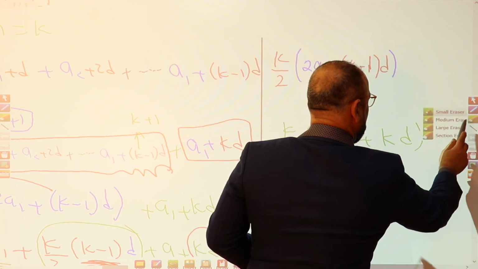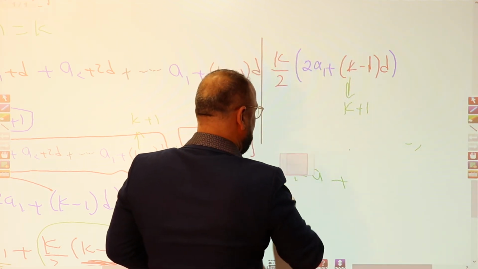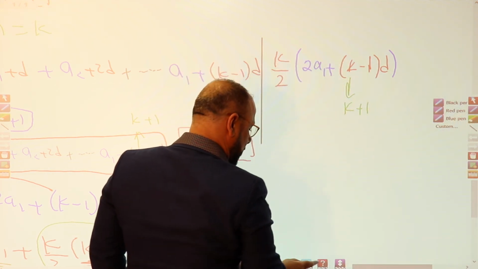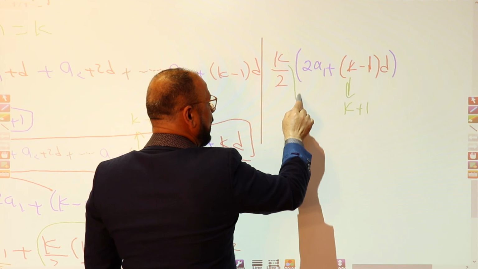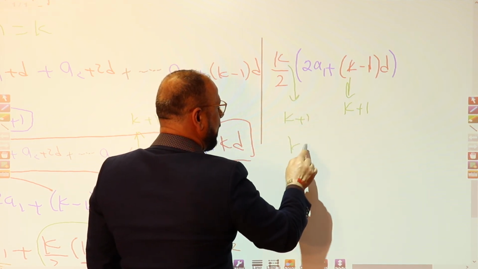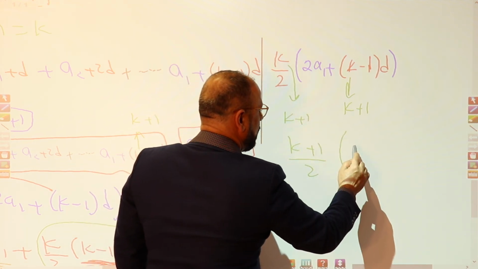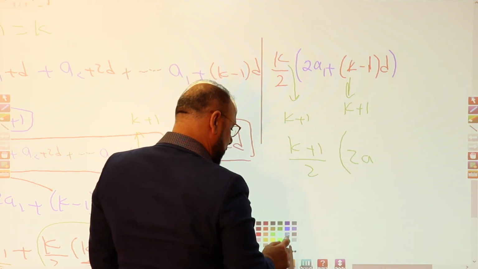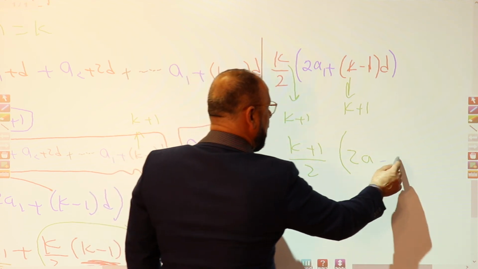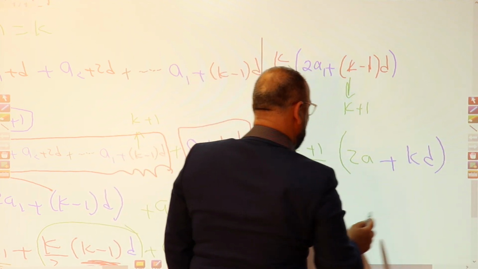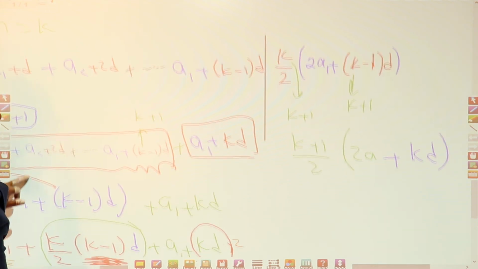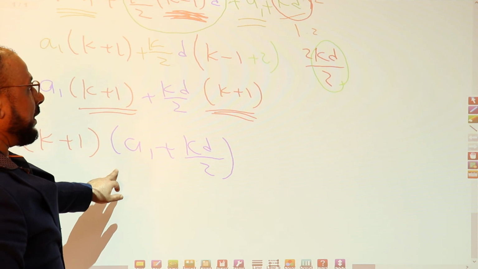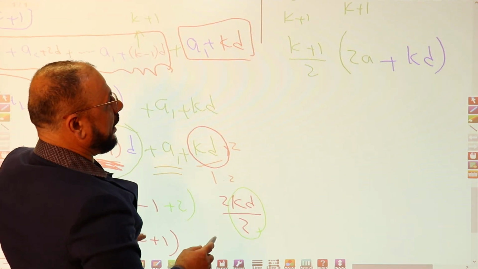Let me just erase all this. k plus 1 and the other k plus 1, and this k also to k plus 1, and this k to k plus 1. Then we have k plus 1 over 2, 2a1 plus kd, right? Let us see if we can get this quickly. Look here, I'm going to show you something.